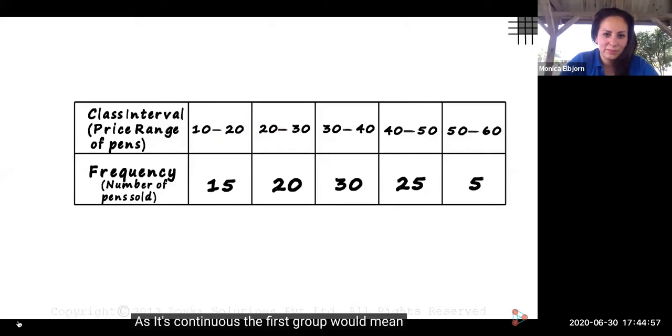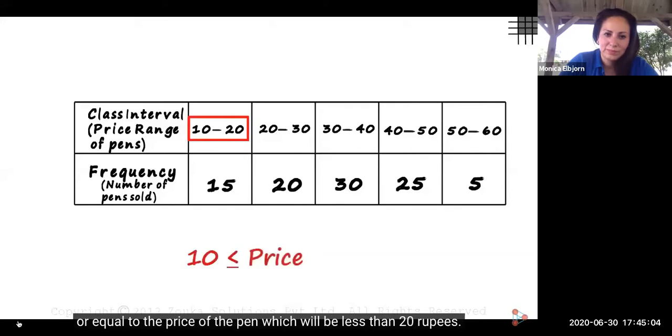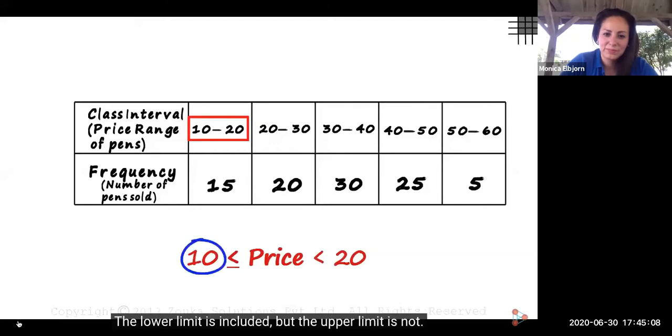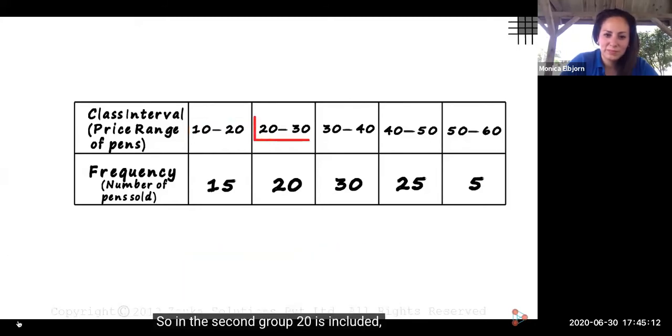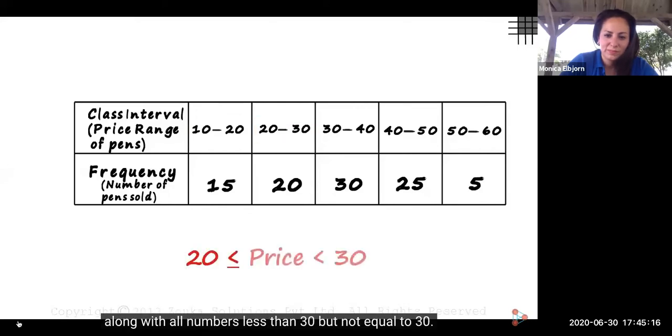As it's continuous, the first group would mean 10 rupees is less than or equal to the price of the pen, which will be less than 20 rupees. The lower limit is included, but the upper limit is not. So in the second group, 20 is included along with all numbers less than 30, but not equal to 30.